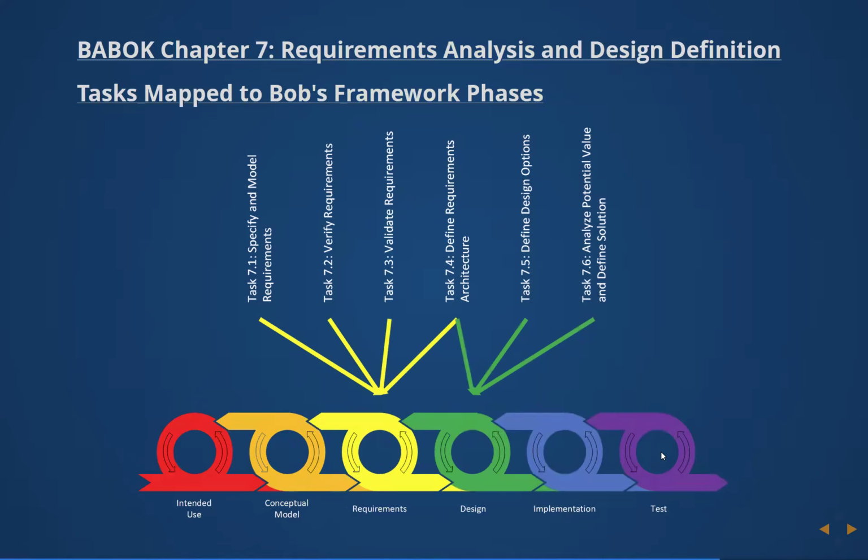Chapter 7 is requirements analysis and design definition. So this one is where we go from the requirements to the design. So we verify and validate requirements. I think the BABOK is double dipping. I've always had the feeling that the BABOK is talking about the skills you use in various situations.